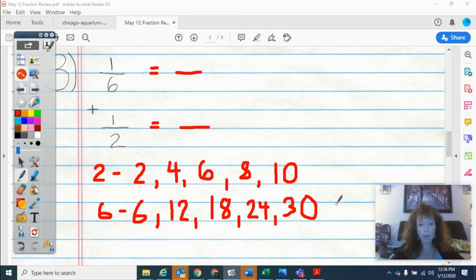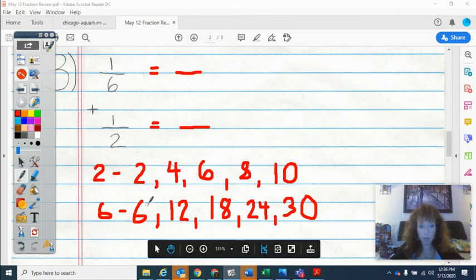Okay, so I've got my multiples of 2, my multiples of 6. I want to find the smallest one that they have the same. 2, nope, no 2 here. 4, no 4 here. 6 is the lowest common multiple of 2 and 6.